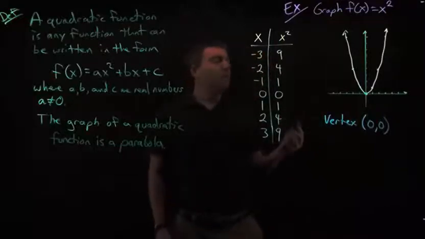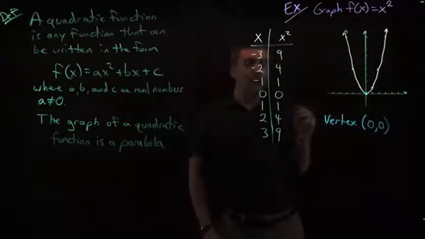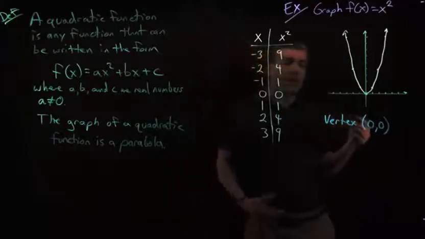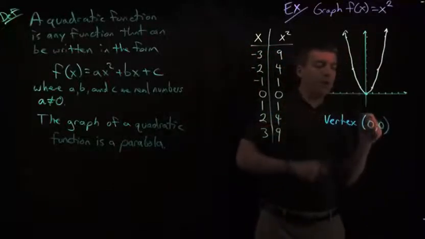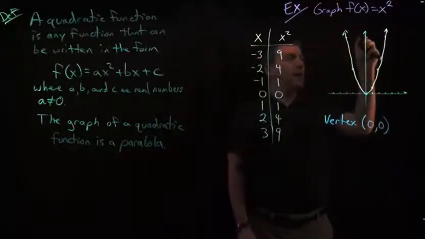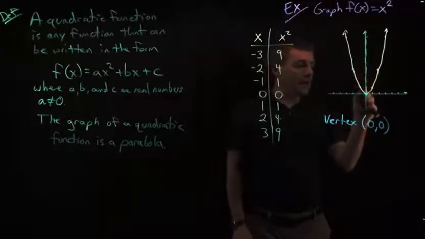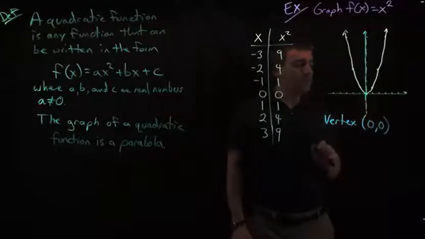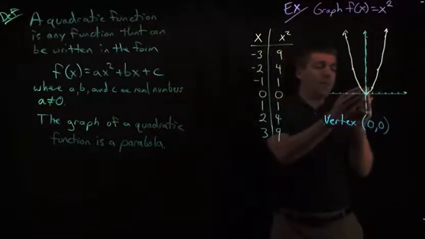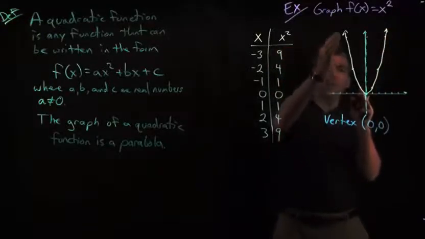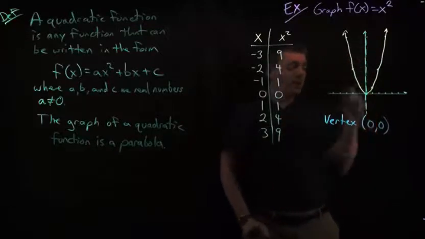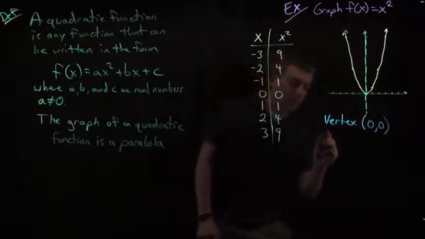There's another feature that parabolas have, and that is they are symmetric across the vertical line that runs through the vertex. We can see that here. The y-axis acts as this vertical line. The right half of the parabola matches the left half of the parabola. And so we call this line the axis of symmetry.